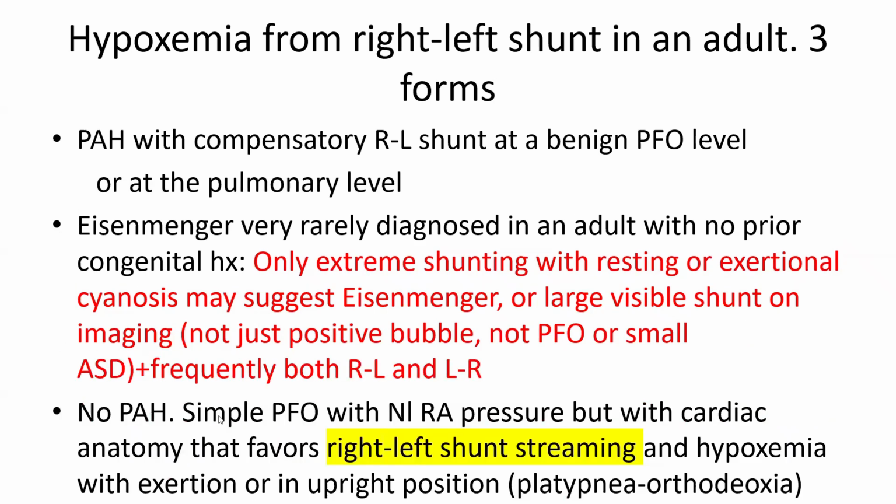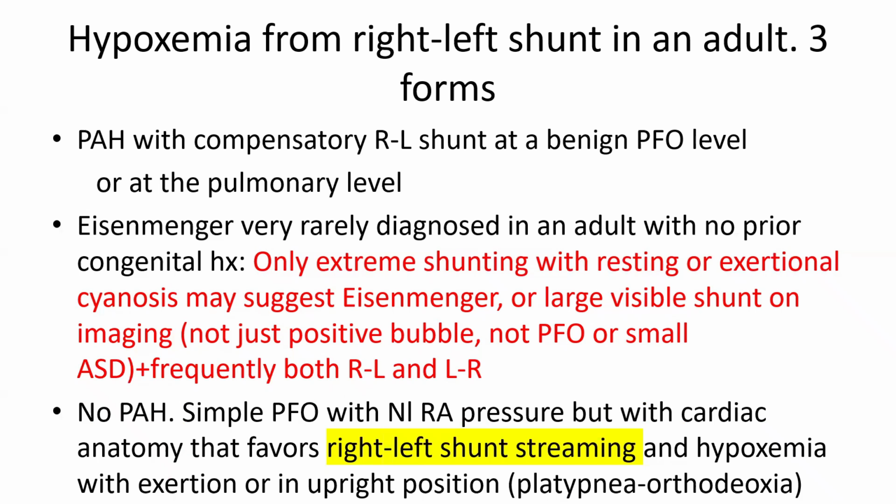And this is the third form that's not common, but we think about it and we get asked about it a lot. You have a patient with no pulmonary arterial hypertension. He has a simple PFO with normal RA pressure, but with cardiac anatomy that favors the right to left shunt streaming and hypoxemia with exertion or with upright position, what we call the platypnea orthodeoxia syndrome. So it's a normal individual, no PAH.